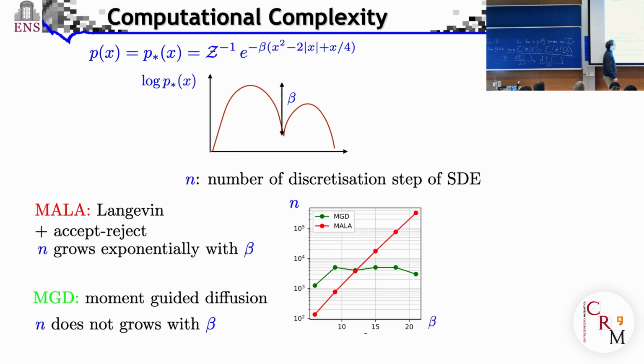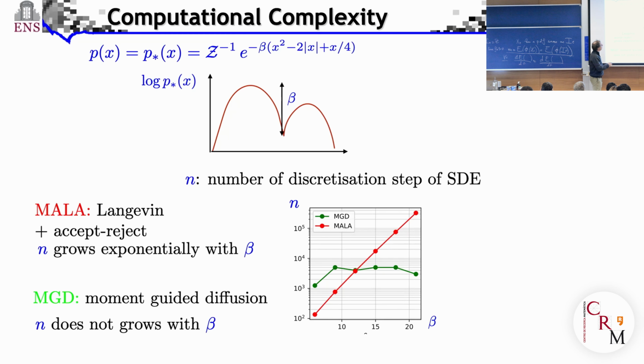So these are the two types of algorithms. The first type of algorithm that you can try is the Langevin equation. If you use a Langevin equation and you want to cross the gap, the number of steps of your Langevin equation is going to grow exponentially with beta, the barrier height.